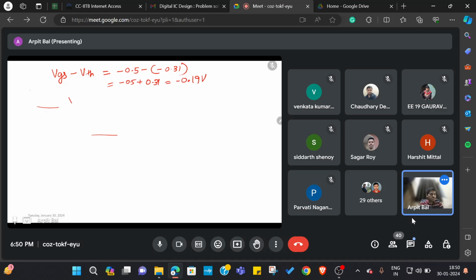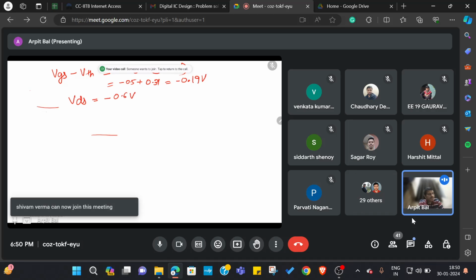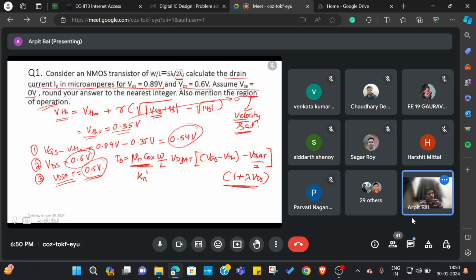Then VDS was given to us to be minus 0.6 volt. And mod VDSAT P was given to us as 0.5, so VDSAT is minus 0.5 volt. Let us revisit the Vmin that was mentioned.